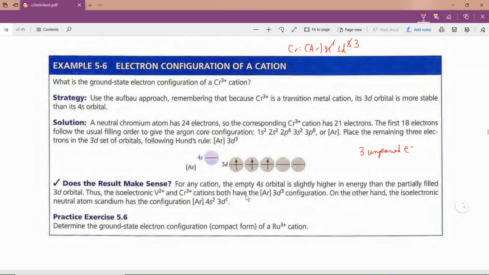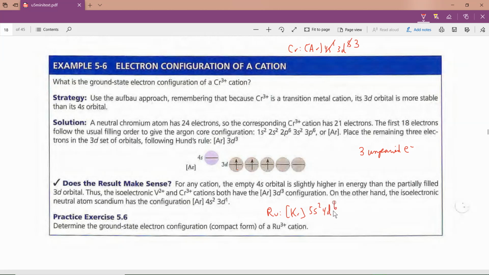Determine the ground state electron configuration, compact form, of ruthenium 3+. Where the heck's ruthenium? There it is. It's got 44, so it's krypton. Ruthenium itself would be krypton 5s2 4d6.